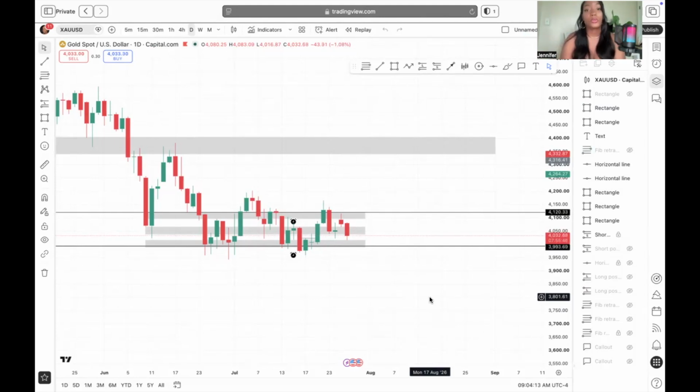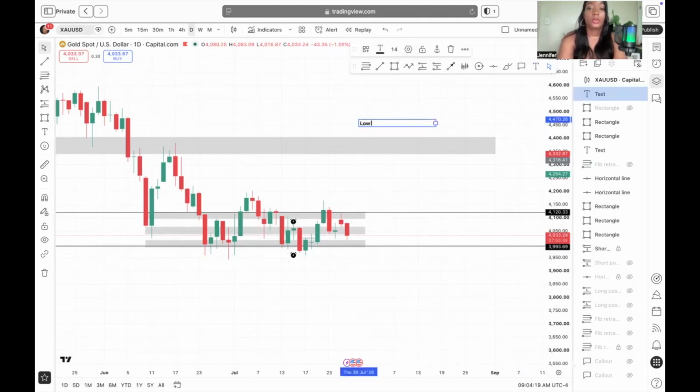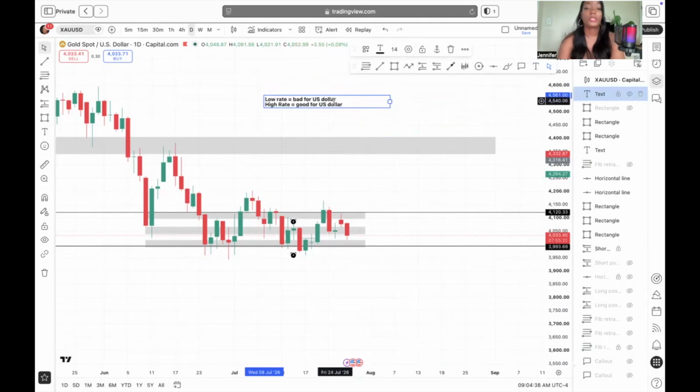This will cause gold to push up into a buy, right? Let's check that out. Low rates, bad for US dollar. High rates, good for US dollar. So what does that mean when it comes to gold?